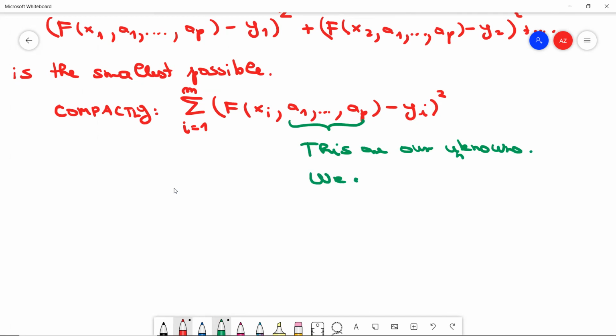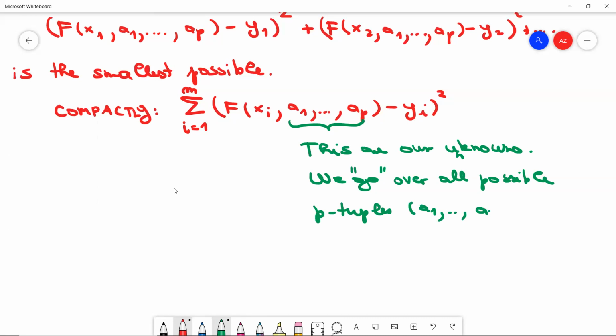So we go over all, I will put this in parentheses because we don't really go over them, but minimizing would mean that we go over all possible p-tuples a1 up to ap and see when the expression, let's say, circled is minimal.